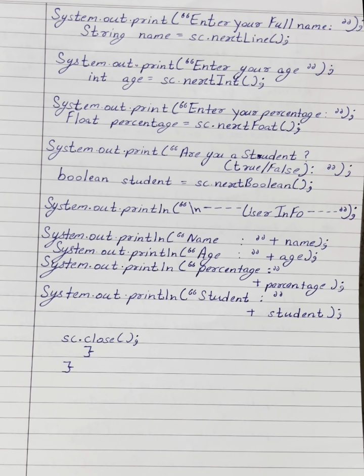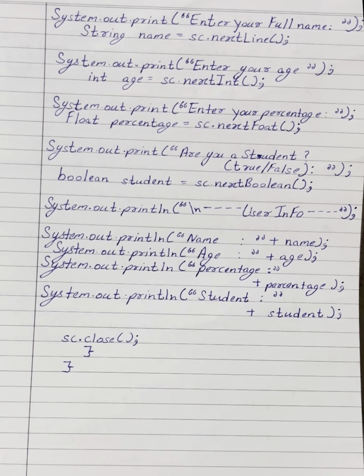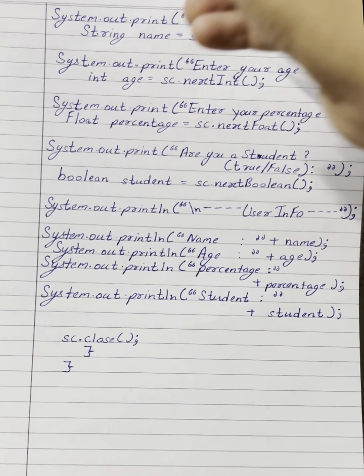So this program prompts the user to enter their name. The first print method displays a message asking the user to enter their full name. Then the nextLine method reads the entire line entered by the user, including spaces, and stores it in the variable name.